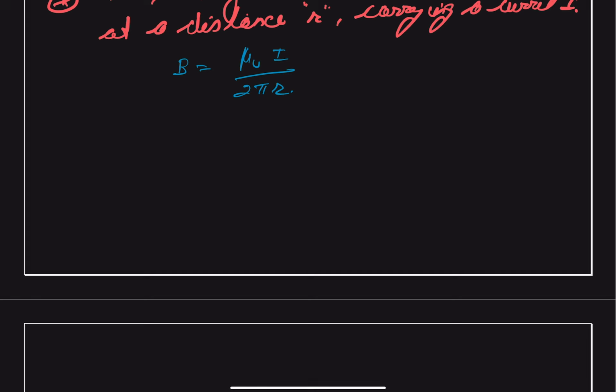The current is flowing in opposite directions in the two wires, so the net magnetic field will be the addition of the individual magnetic fields of the wires.